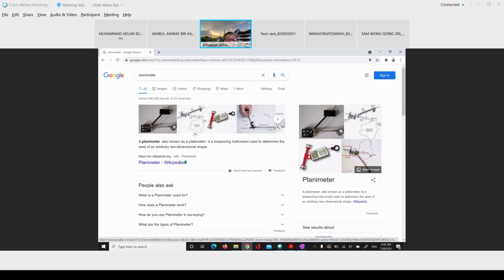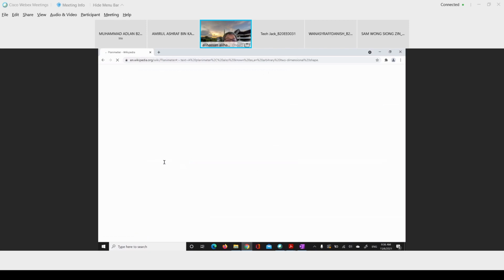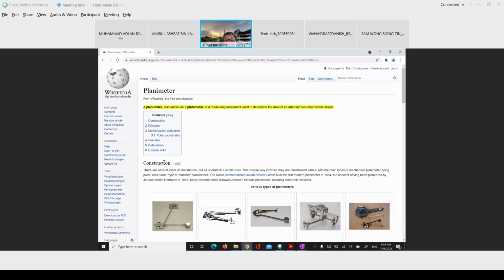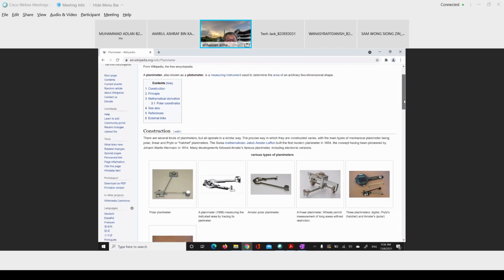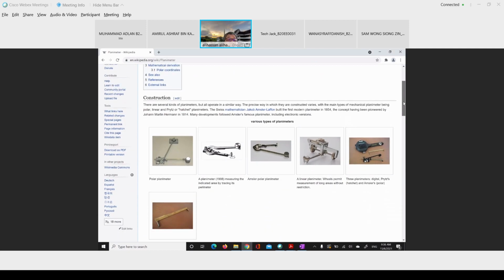Essentially, it calculates the area bounded by a certain curve. The principle behind it is Green's theorem.